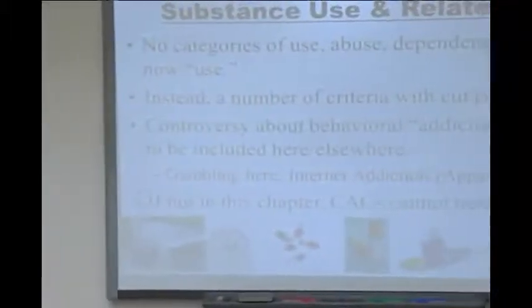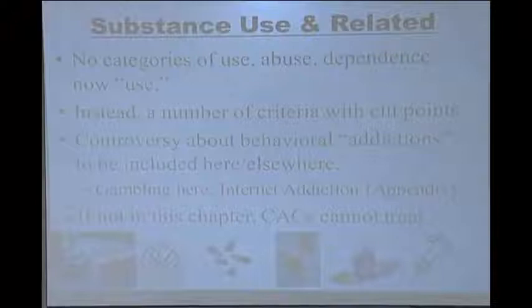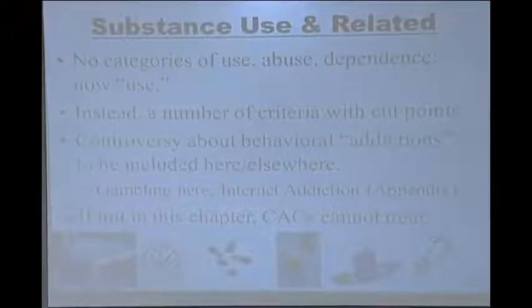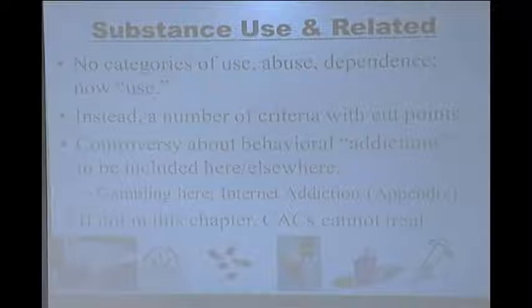So the work group considered this very closely for quite a long time, and they decided that among all the potential addictions to consider, which I'll go over in a second, gambling was the one that really belonged in a related category to substance abuse.